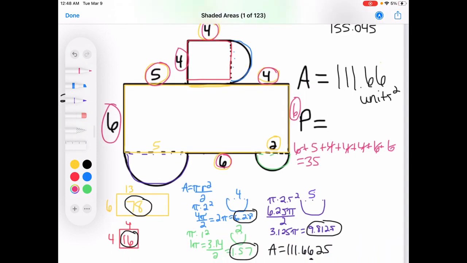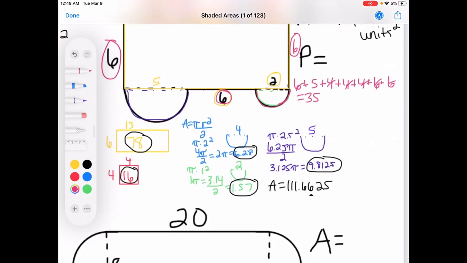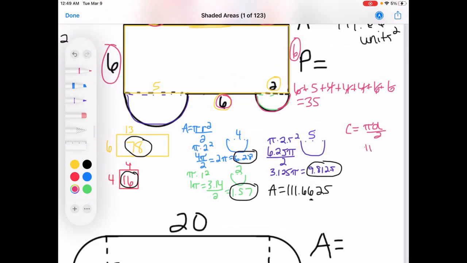So now to find our semicircles. So when we have this one here, we know that our diameter was 2. To find the circumference of a semicircle, I need to do pi times diameter and then divide that by 2. And I know that diameter divided by 2 just gives me the radius. So I can also just do pi times the radius.